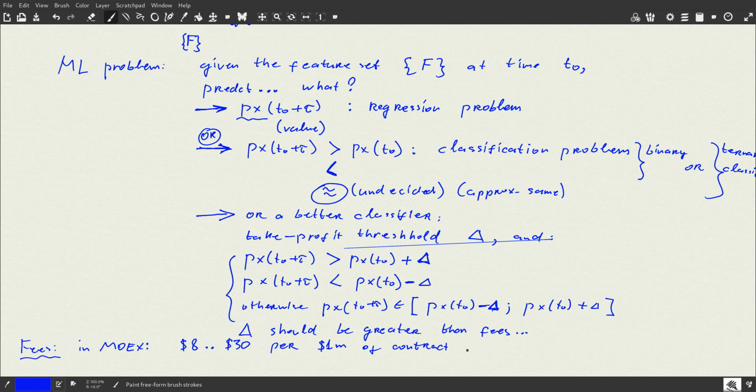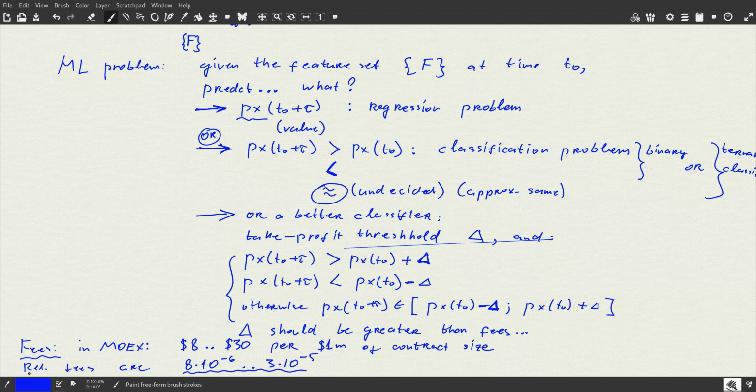I will explain what it means. So basically it means that relative fees are from 8 times 10 to the minus 6 to 3 times 10 to the minus 5.